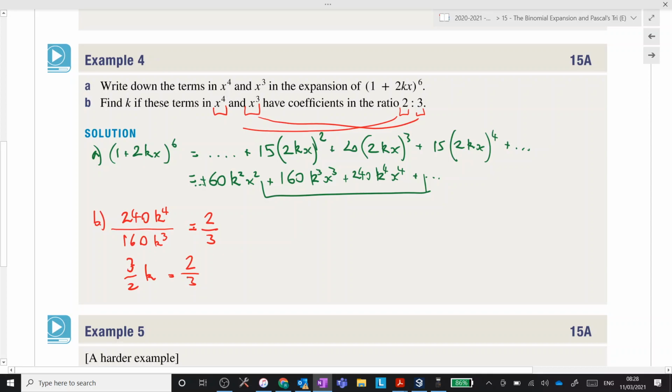Happy with that? Which gives us what? We've got 3 over 2 times k. How do we get k on its own? We divide the fraction. We divide because we're using inverse operations.